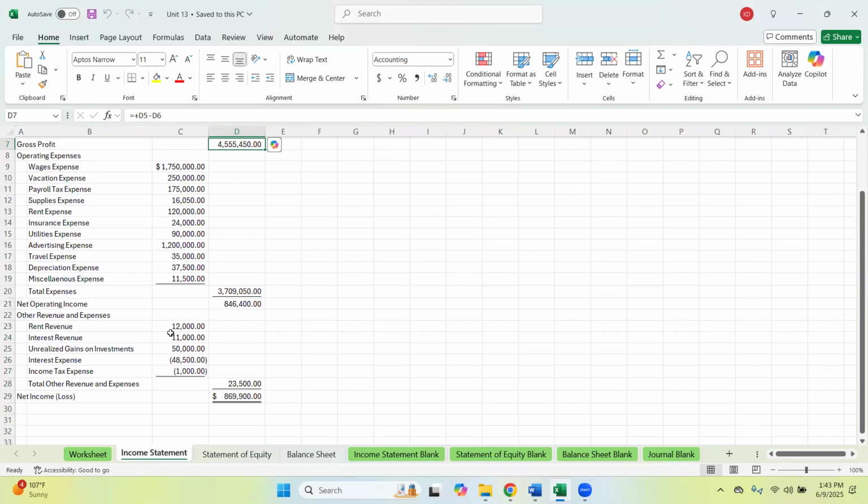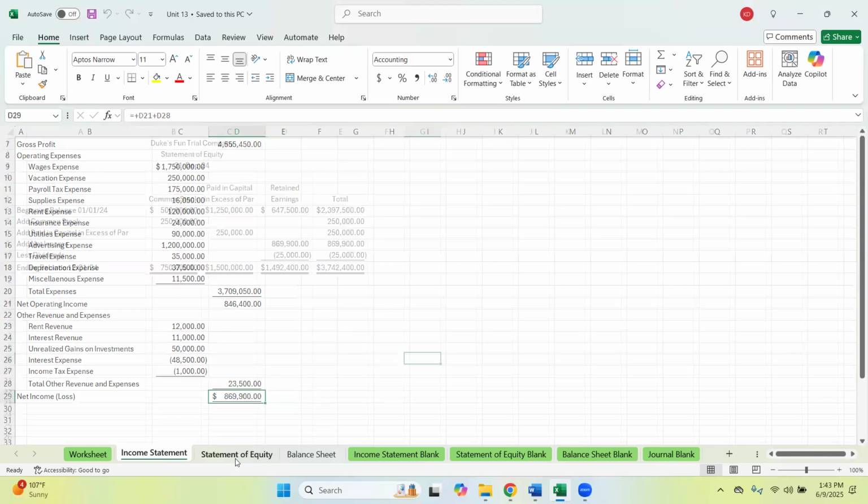And then we're going to take out the extraordinary items or the comprehensive income and expenses. I have rent revenue, interest revenue, unrealized gain on investments. And over here, these are marked in negative because they're taking away from the revenue. There's my total. I just totaled all these up together and I'm going to add that in there. There's my net income and loss.